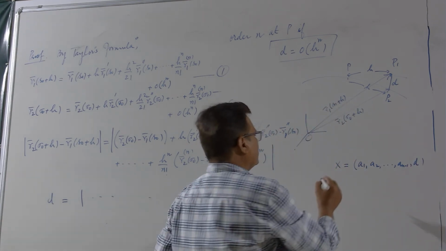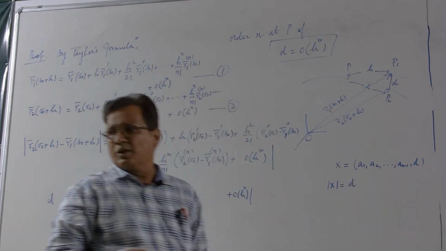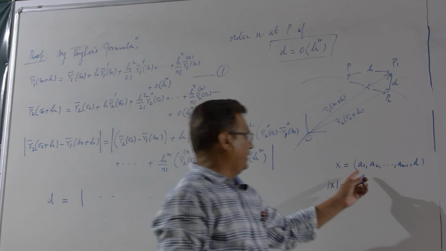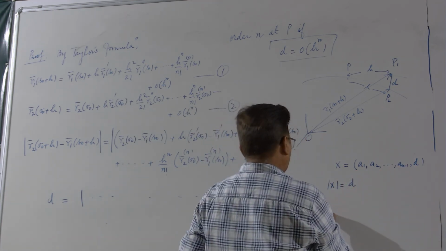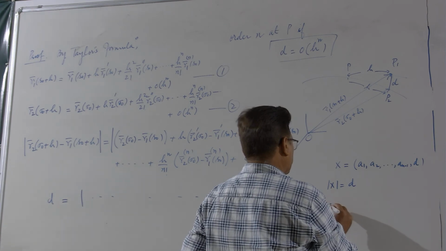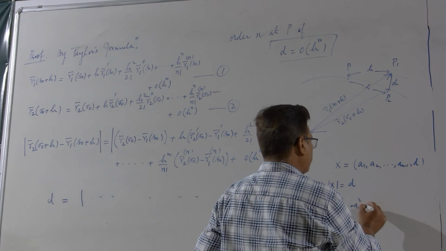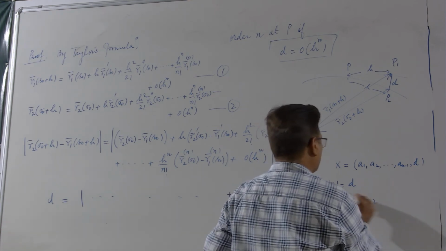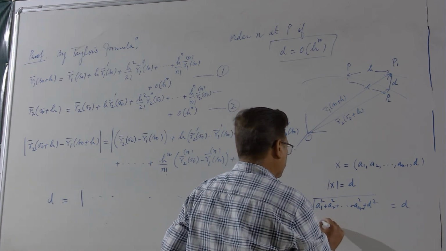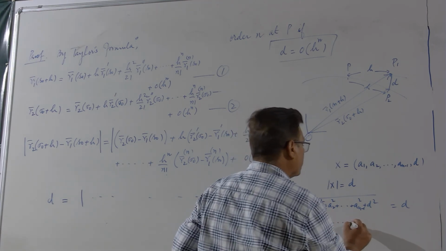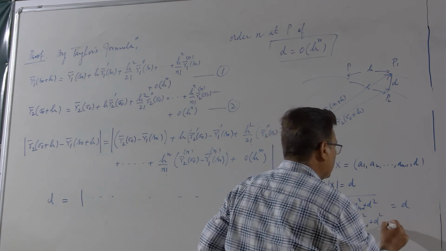What I know is that mod of x is d, and mod of x from its components is equal to the square root of a1 square plus a2 square plus so on, a_(n-1) square plus d square. This is equal to d. Squaring both sides, what you get is a1 square plus so on, a_(n-1) square plus d square equal to d square.